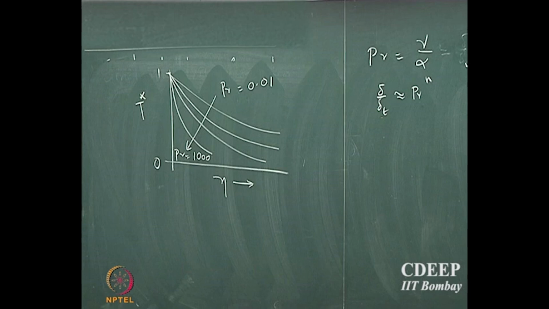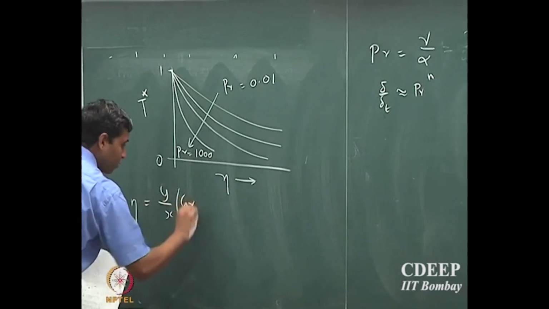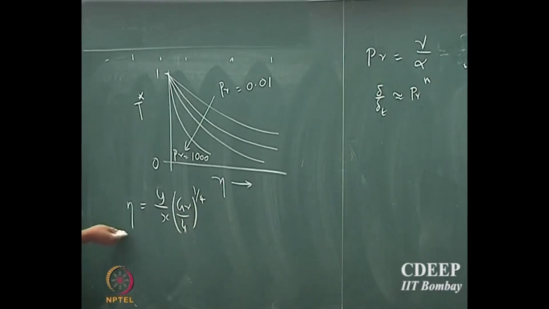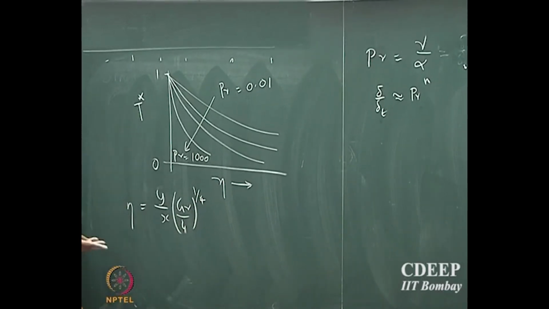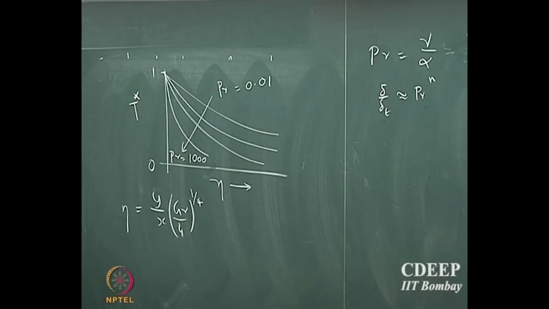So remember, look at your scaling variable eta. Eta is y by x into Grashof number by 4 to the power of 1 by 4. So when boundary layer thickness is very small, obviously eta is very small, so all the temperature profile has to be captured at a very small value of eta. Okay. So that's the reason why it falls very quickly for a large Prandtl number.